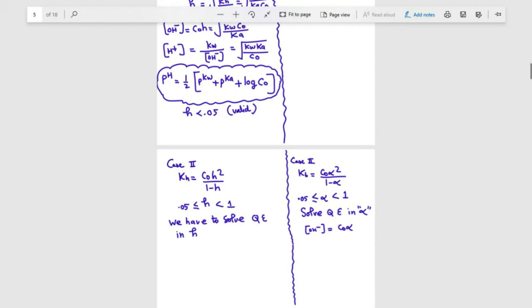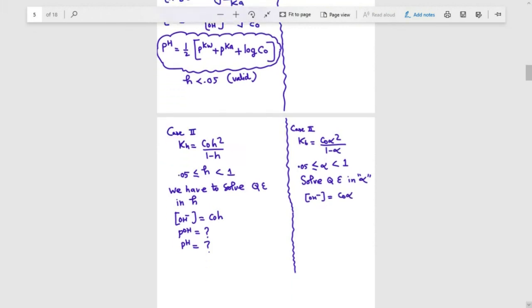And after solving the quadratic equation in h, we can write that OH minus ion concentration is equal to C naught h, and from there we'll calculate the value of pOH. And if we know the value of pOH, we can write pH. pH is equal to pKw, that is 14 at 298 Kelvin, minus the value of pOH. So we can calculate this, right? So this is parallel to the weak base solution.